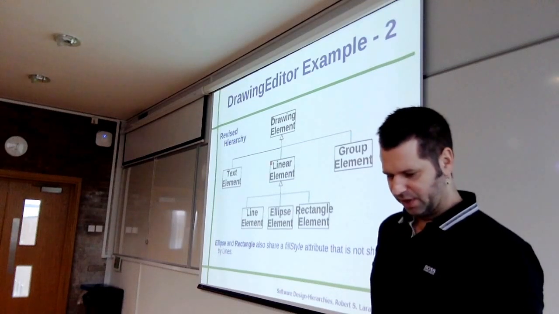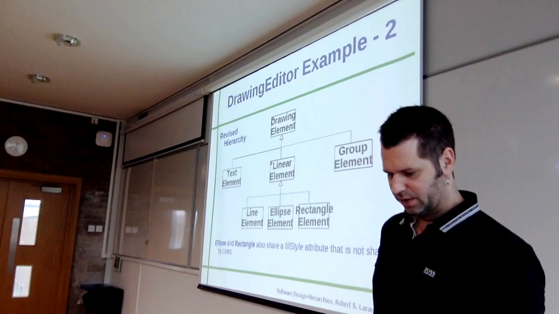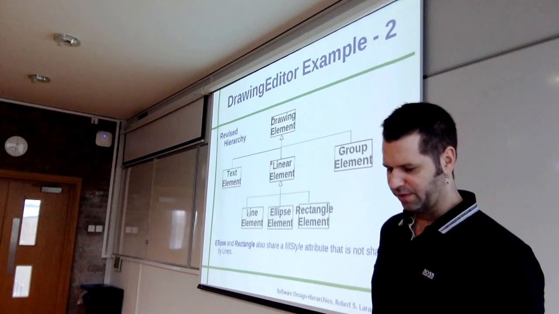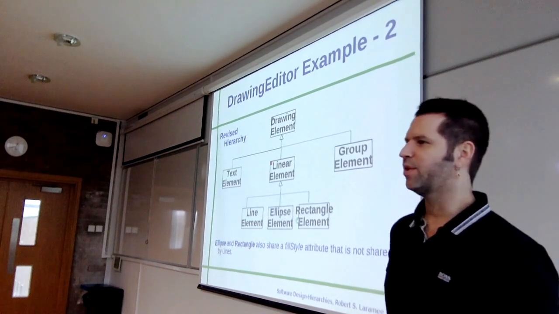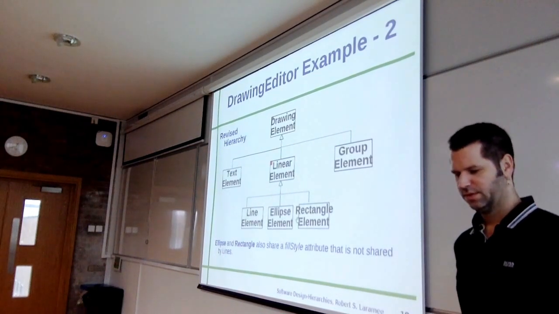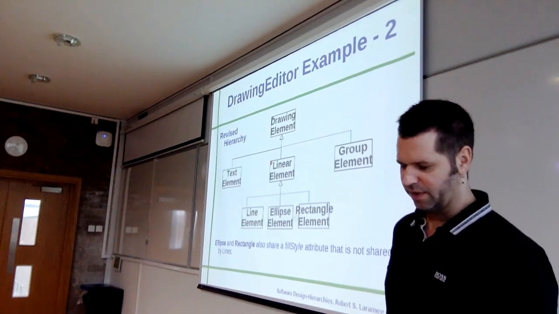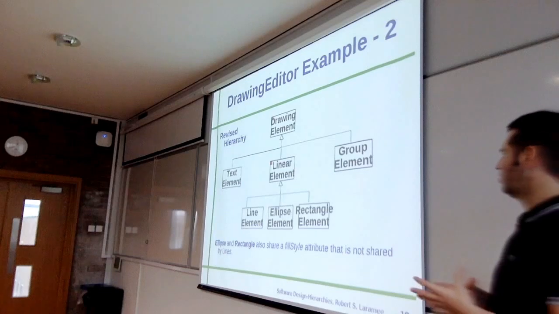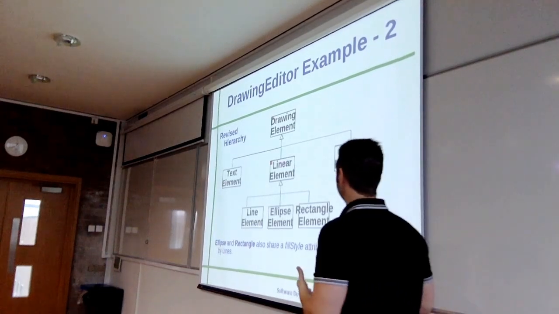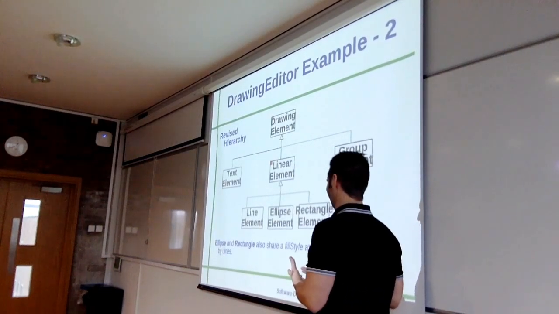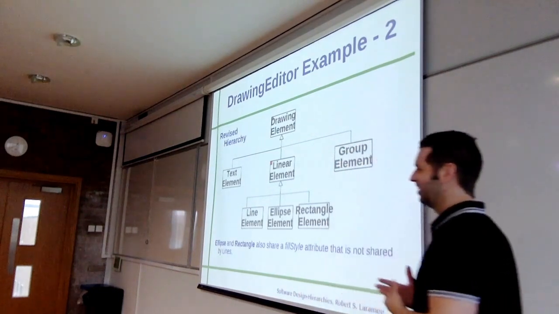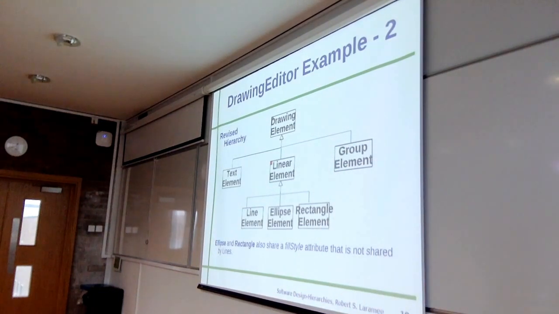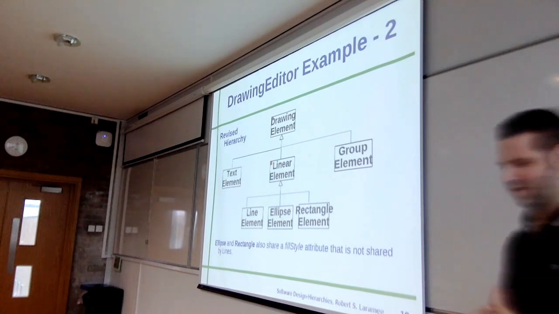Now ellipse and rectangle are different from lines because they have an area. Right? So if they have an area, that means you can apply different properties to the area of the object itself. Maybe the color, or the transparency, or the texture, or the pattern inside the area.